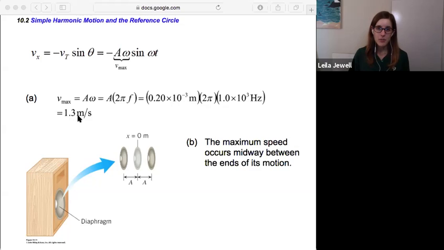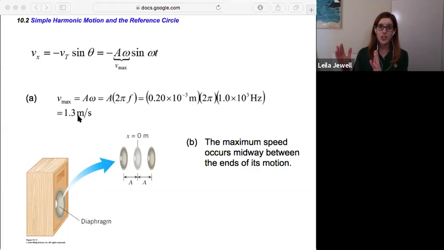Now, where's that maximum speed going to be? Well, if you just picture something that's going back and forth, at either end, when it changes direction, it has to briefly stop. So that's going to be the lowest amount of speed, right? It's the largest displacement, because you're furthest from the equilibrium point, and we'll even see in a moment the largest acceleration because you're changing direction.